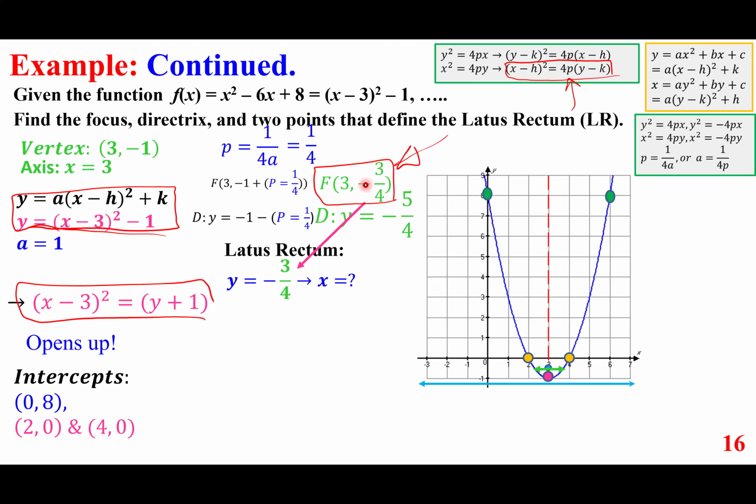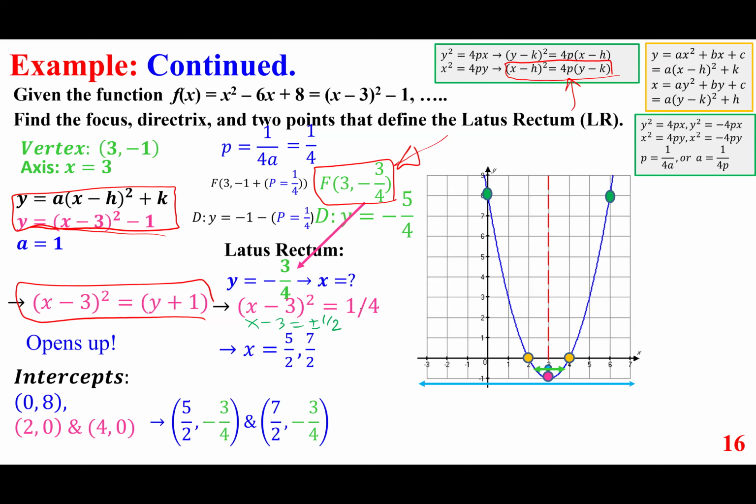We already have the y coordinate for the focus, so we have it for these two points as well. What are the x coordinates? We don't know, so we can use the y coordinate here and find the x. You can say (x minus 3) squared, y is negative 3/4 and 1 is 1/4, which makes x minus 3 plus or minus 1/2, and x is 5/2 and 7/2, and those are the pairs.